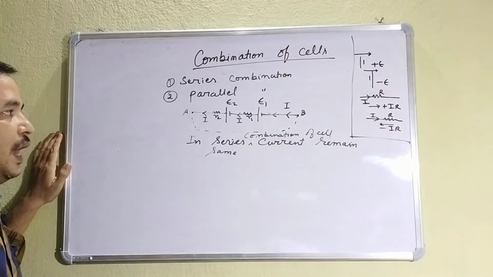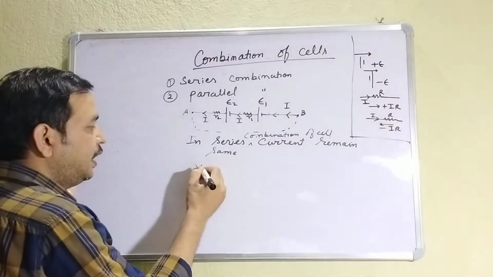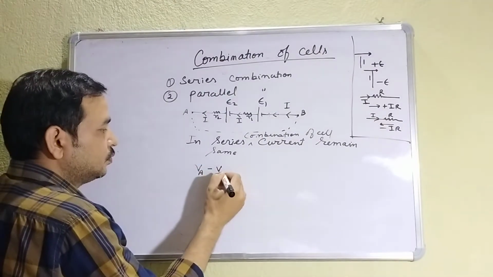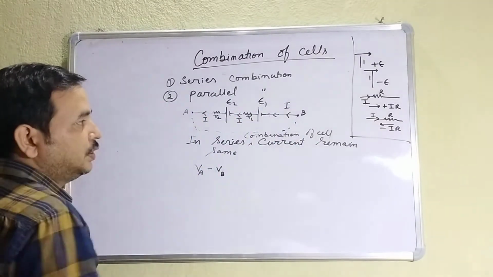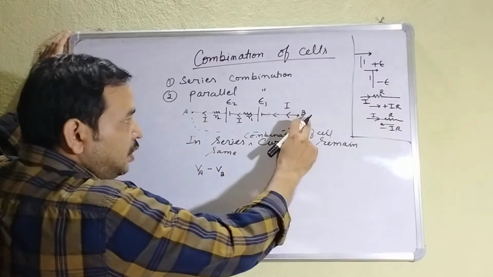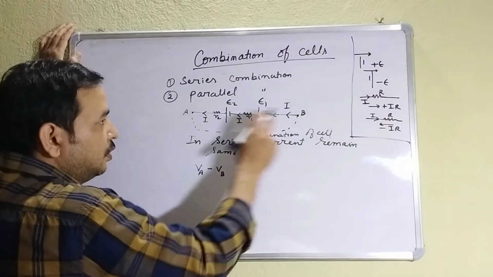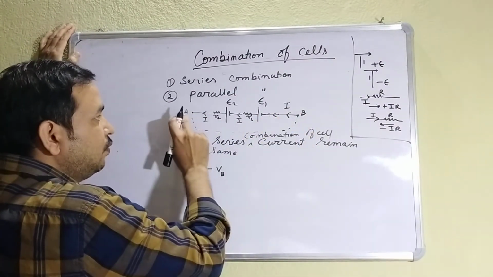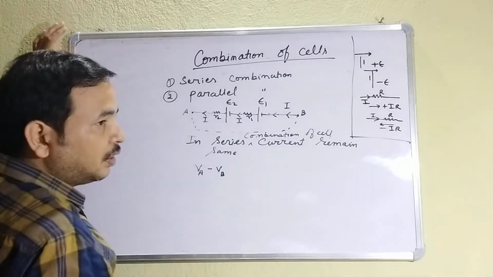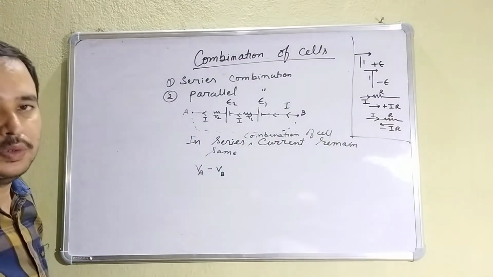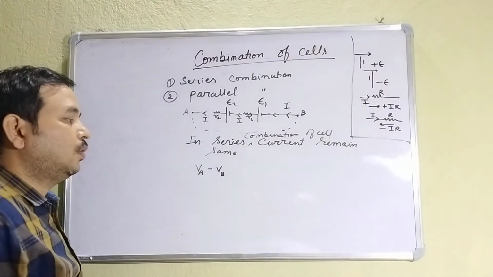Now if I ask what is the potential difference between A and B? Of course current is flowing in this direction, so VB will be at higher potential, VA will be at lower potential, because current always flows from high potential to low potential.